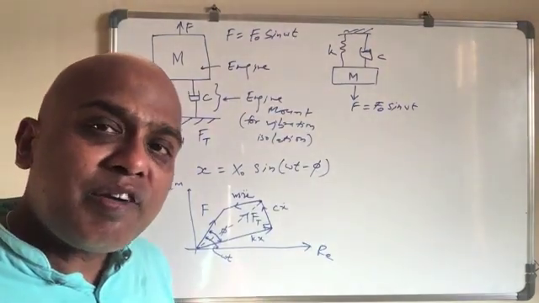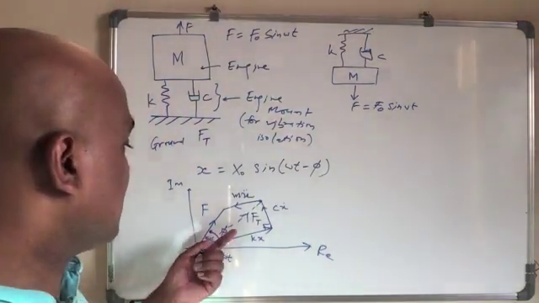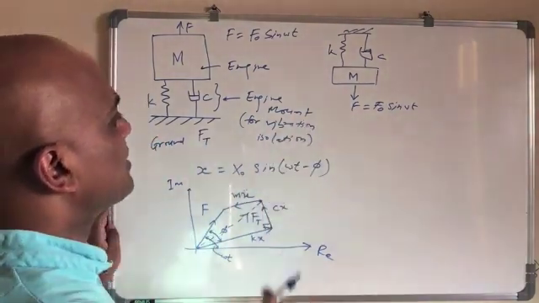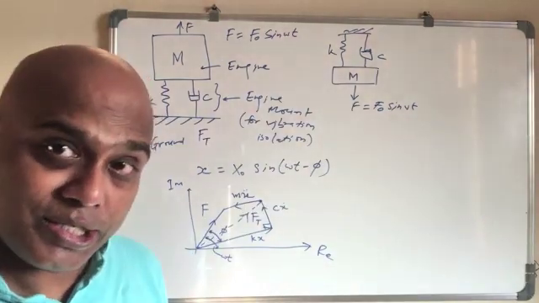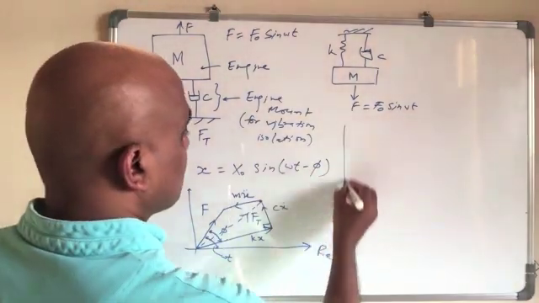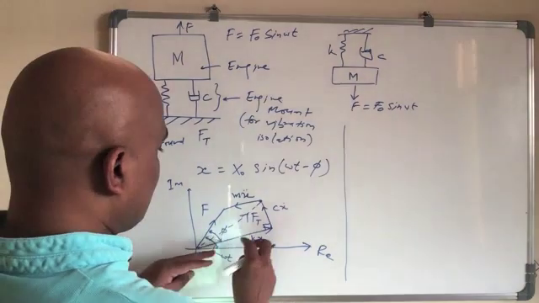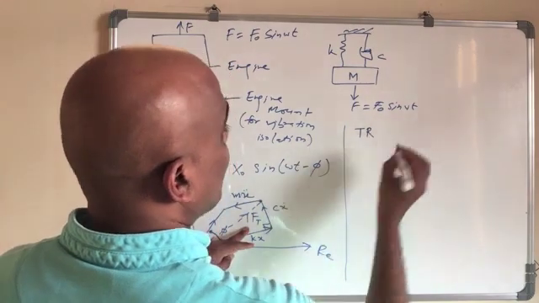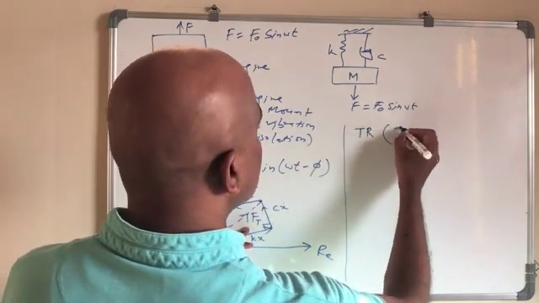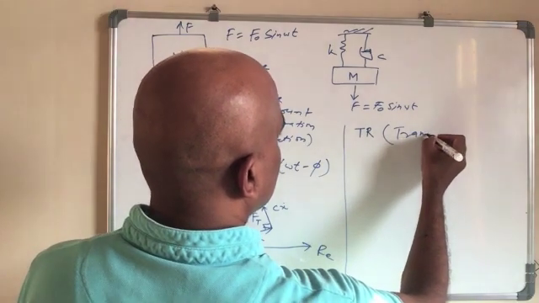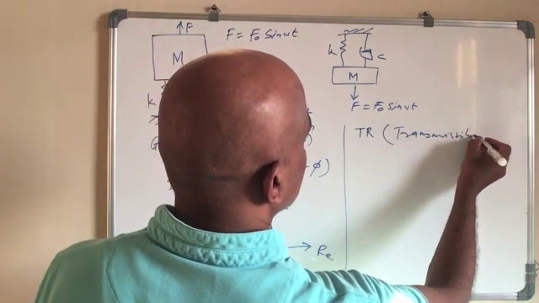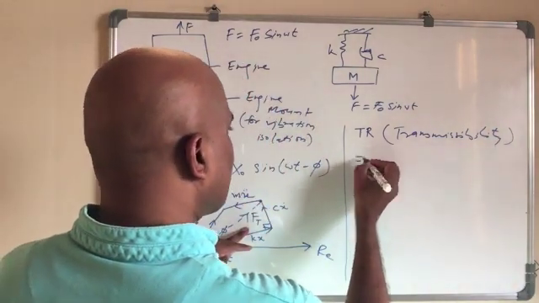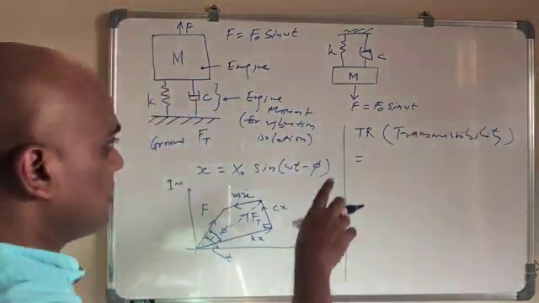In order to find out how good this vibration isolation device or the engine mount is, we have to find out the ratio. What ratio? The ratio of the transmitted force Ft, let's call it TR, because this is actually known as transmissibility. This is a ratio. And what is the ratio?